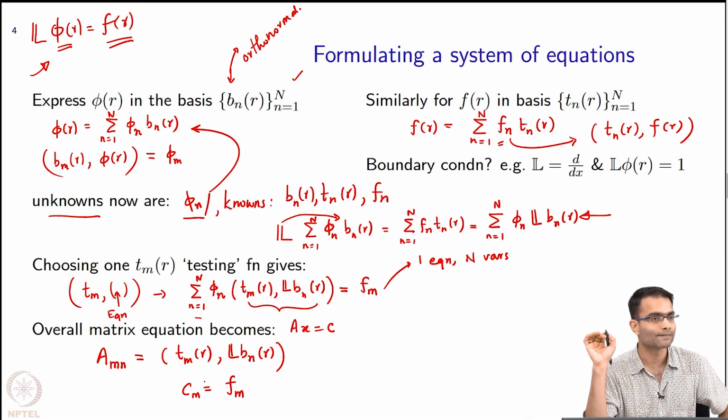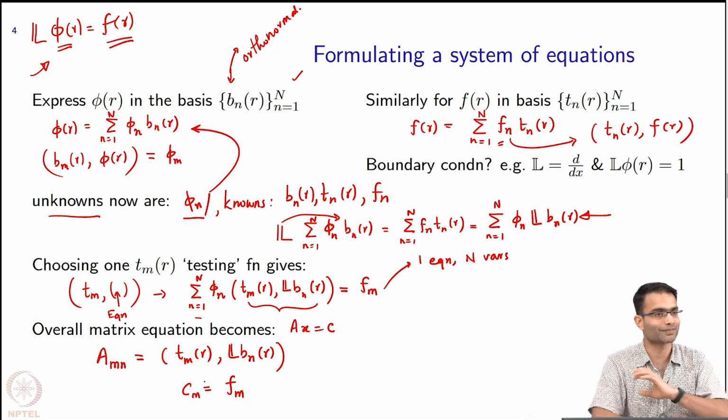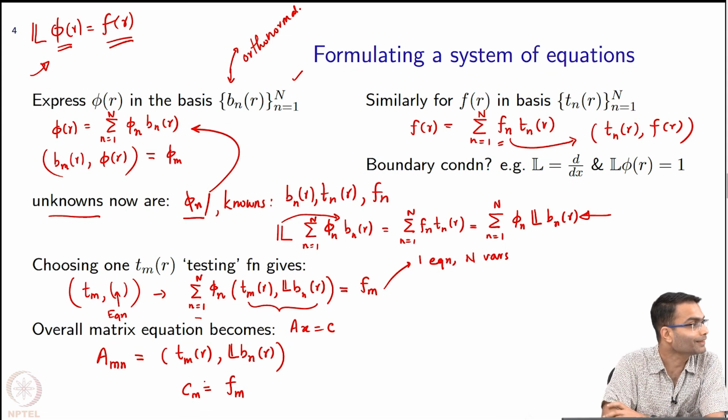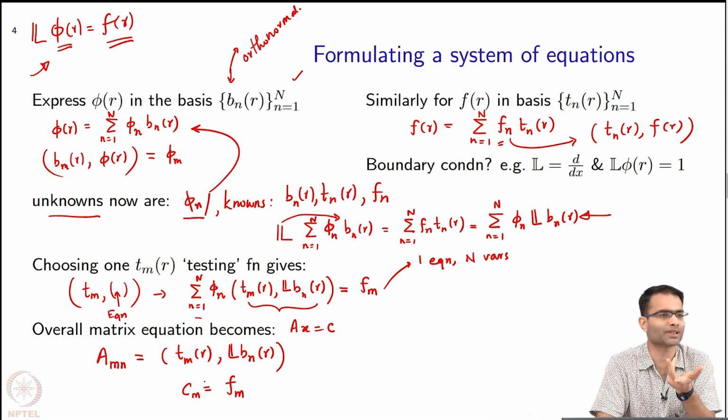Straightforward. Where do you think all the hard work will happen? We are going to spend a long time discussing this. Where do you think the hard work happens? Finding? Transforming B, and your answer? No, B n and T n I will choose something simple. I can choose pulse basis function also.